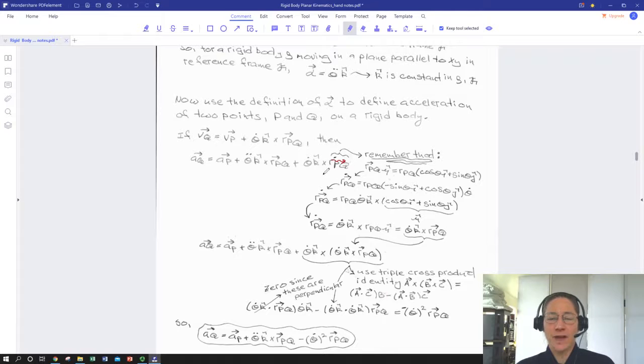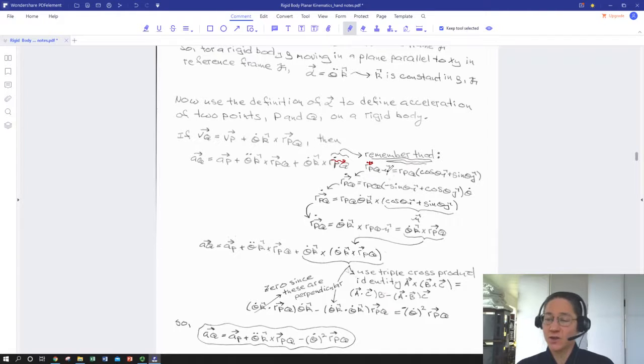So now we get to wrangle with this term. Well, we've seen this before when we derived this particular expression. So we're going to take a trip down memory lane and give ourselves a good expression for the first time derivative of the radius vector from point P to point Q. So we start by saying we can express the vector P to Q as the magnitude, the length of the line from P to Q, times a unit vector that denotes its direction.